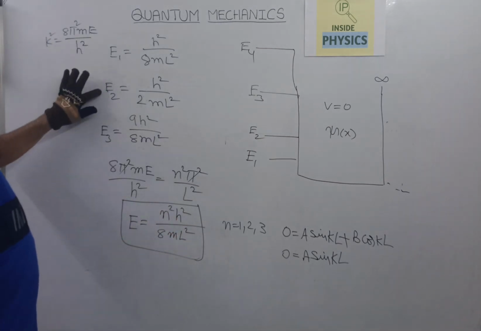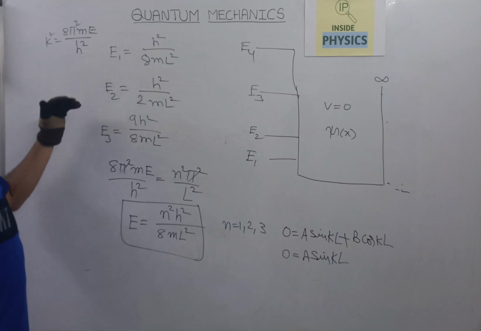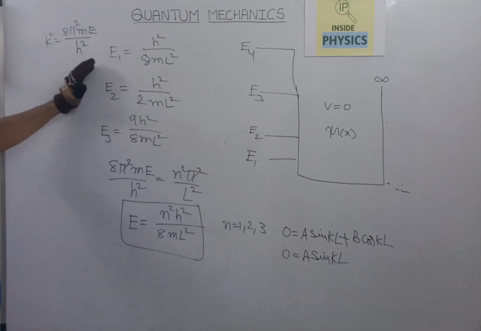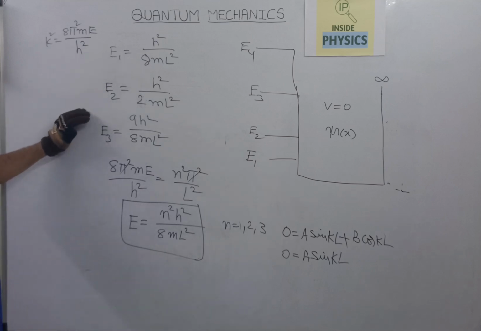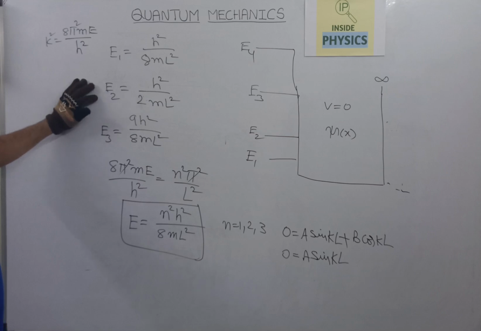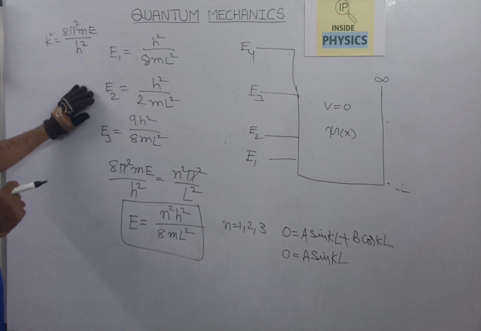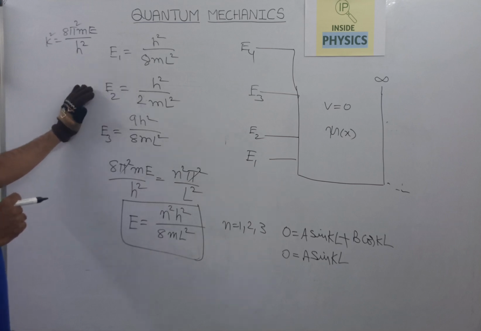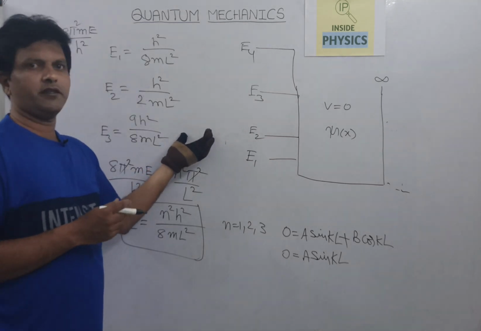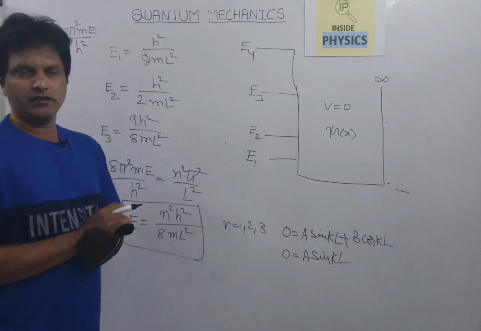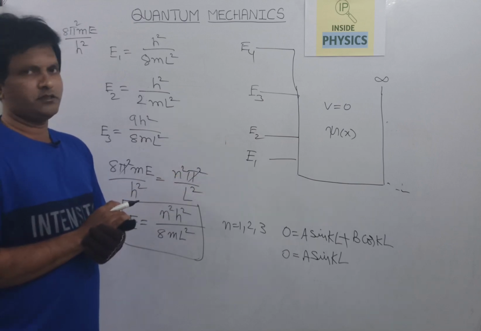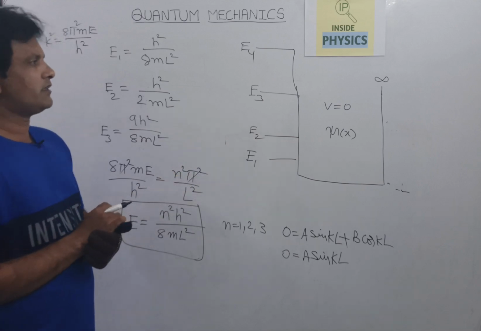E1, E2, E3 are the discrete energy levels, not continuous energy, and the energy of the particle is absolutely quantized. That is what we observed from quantum mechanics, and this is the best method to evaluate the position and the energy levels of subatomic particles.